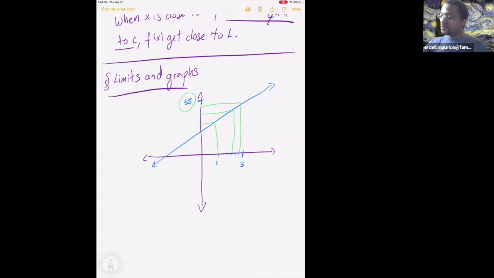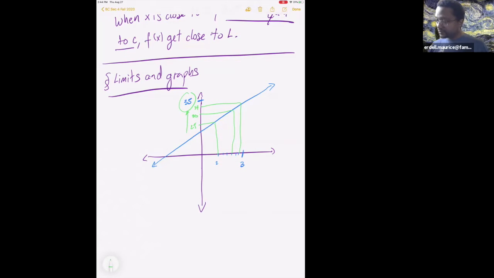When I plugged in 2, I believe the answer was 25. When I plugged in 2.5, the answer was 30. When I plugged in 2.9, the answer was 34. So every time I plugged in a number that was closer to 3, the answer I got was closer to 35.